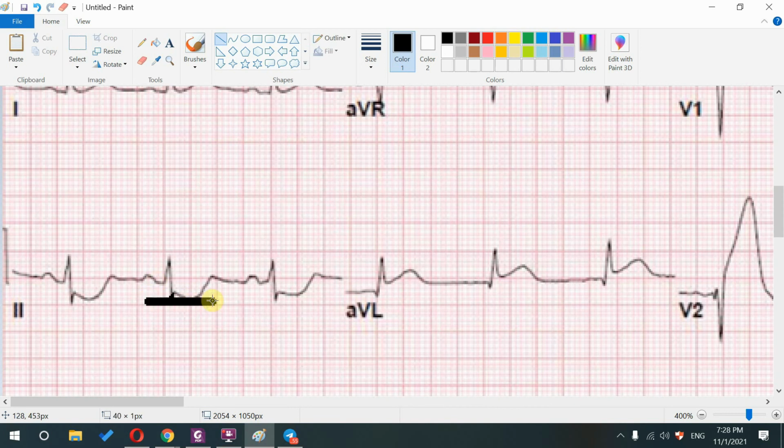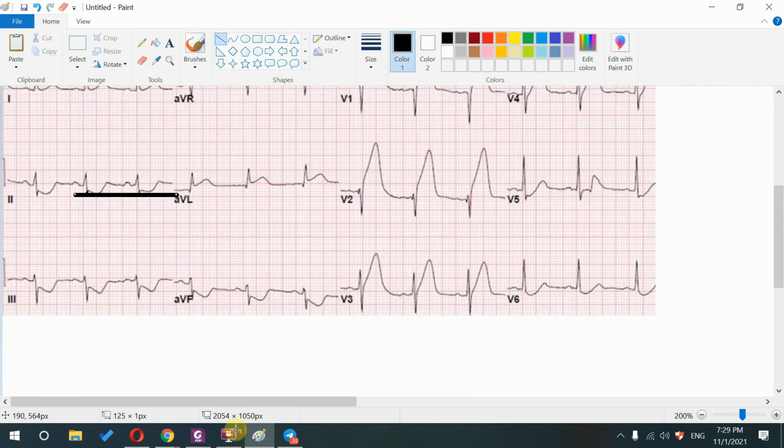Always make that line. Make it isoelectric. Is this line lower than the PR interval or not? Yes. So it means it's an ST segment elevation or depression? Depression.